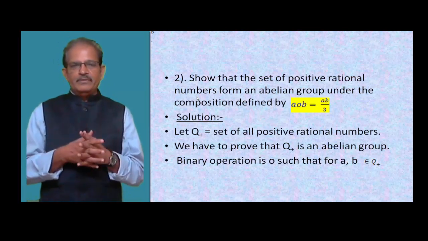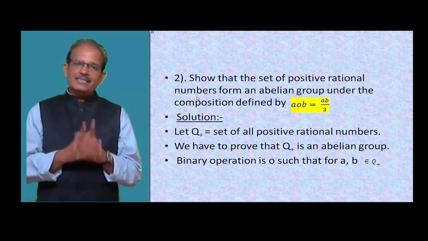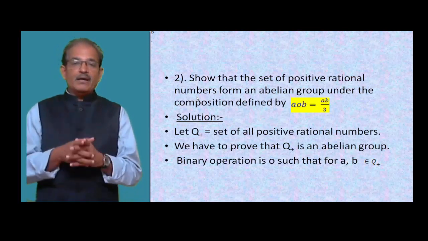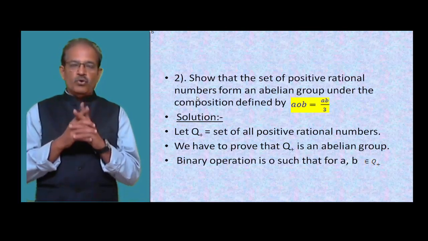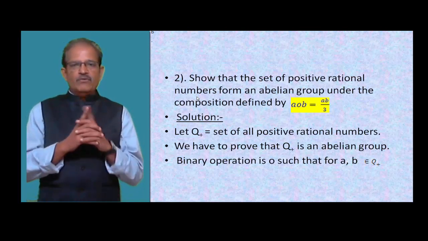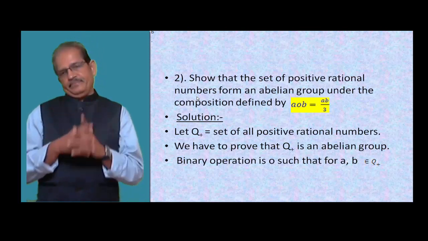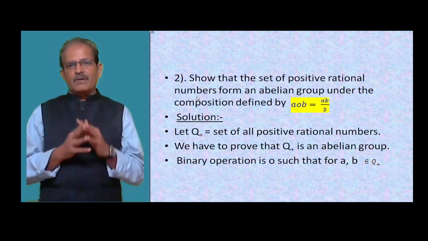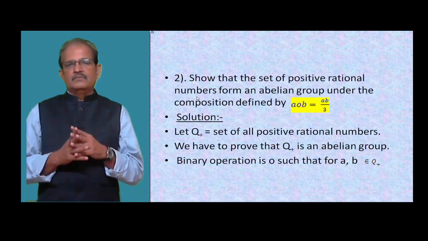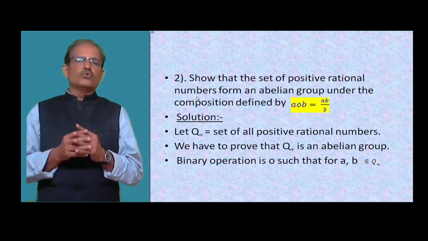So this time the set is the same, positive rational numbers, but the binary operation is O. It is defined as A O B is equal to AB by 3. With this binary operation, you have to show that the set forms an abelian group.